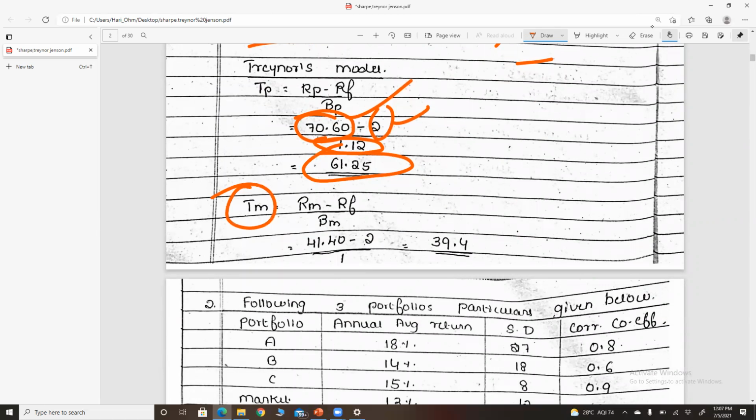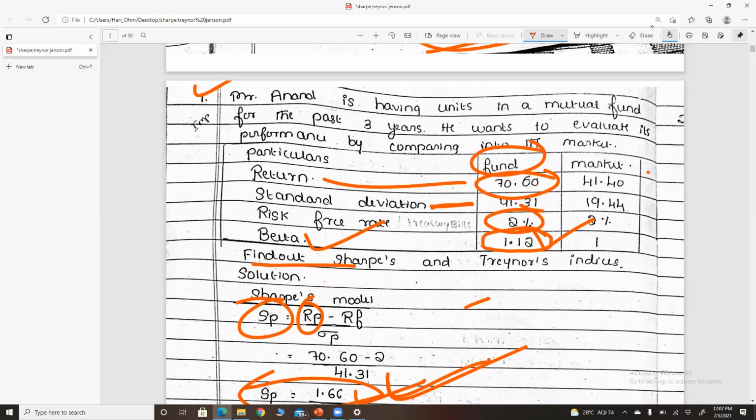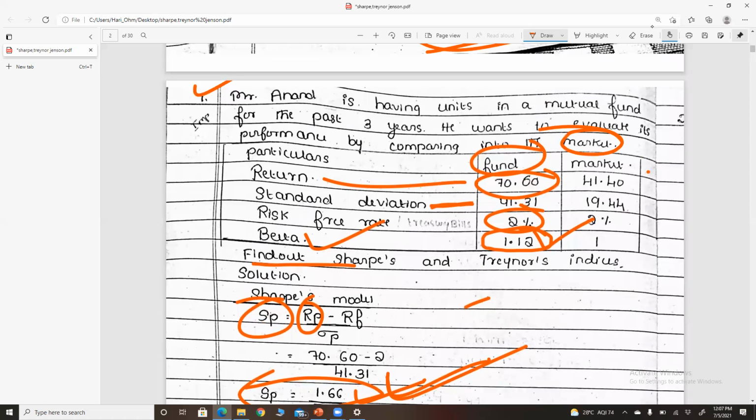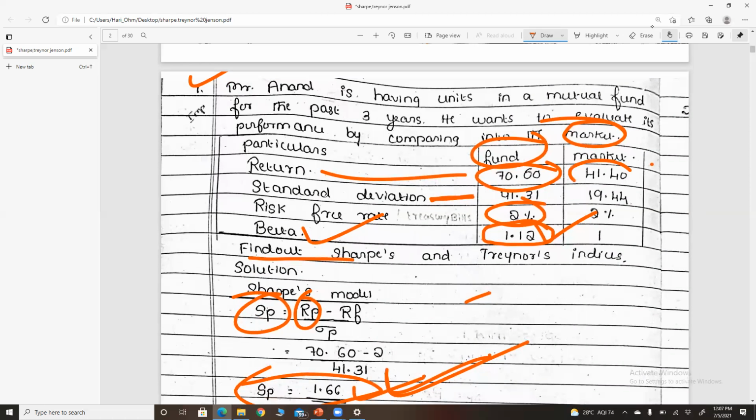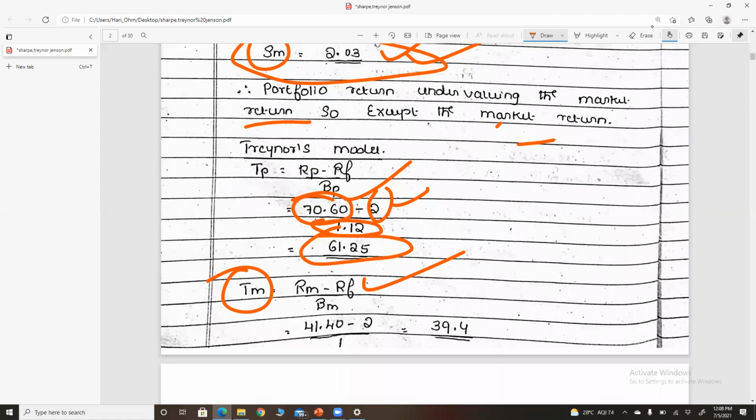Next you need to calculate for the market, RM minus RF divided by beta M. For RM, you need to take the second column, that is market. Regarding market, RM is 41.40, right? RM is 41.40 minus 2% divided by beta, that is 1.